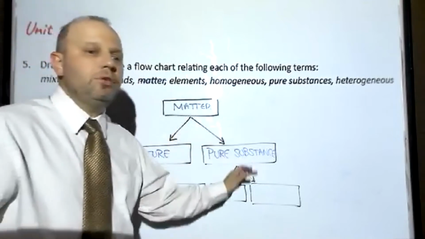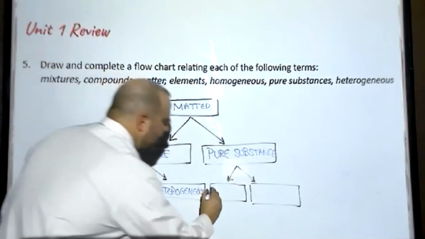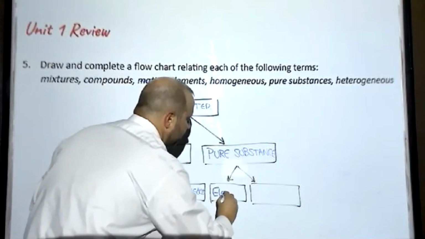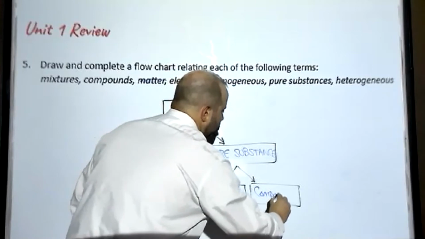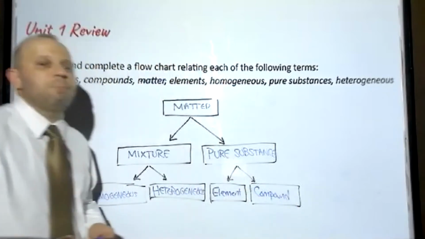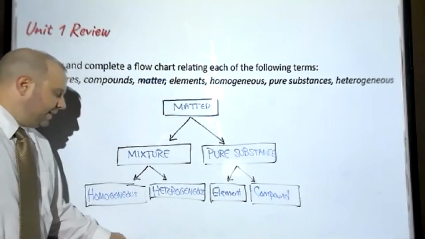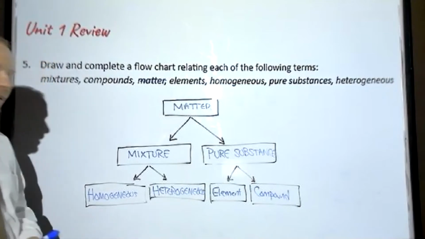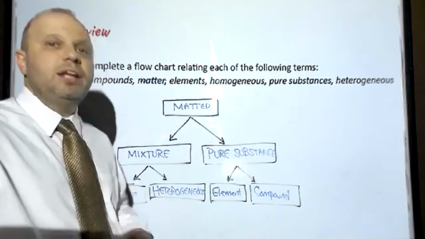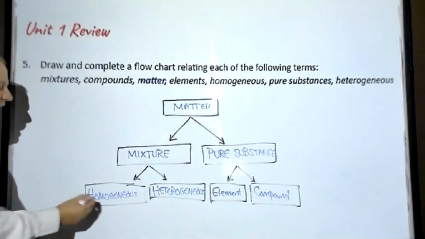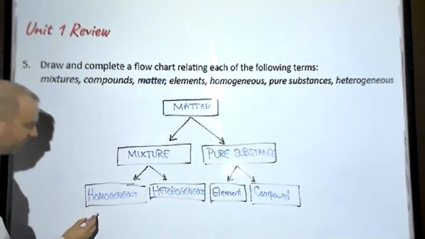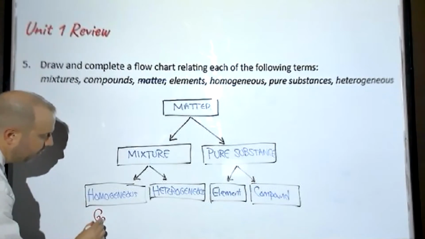And then on the pure substance side, we could have an element or a compound. And then if we wanted to identify an example of each of these, a homogeneous mixture could be something like Gatorade.